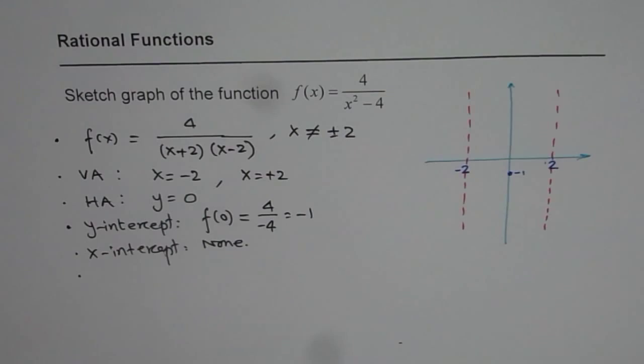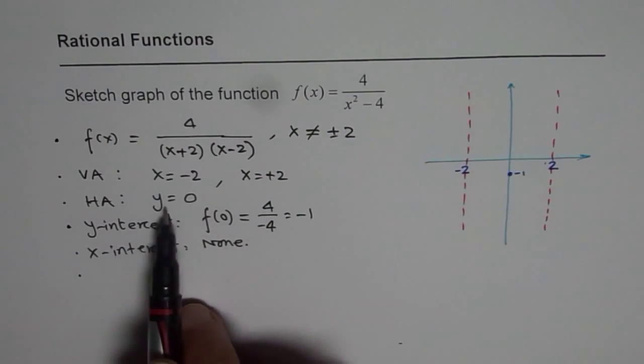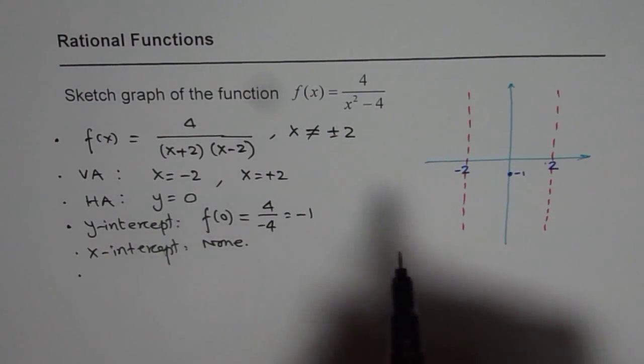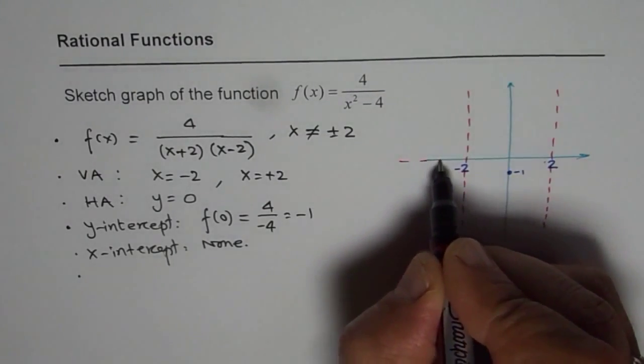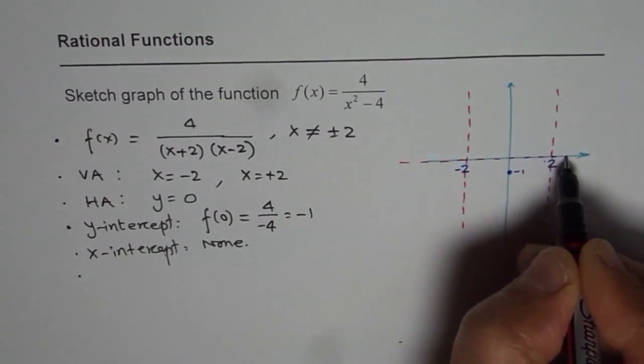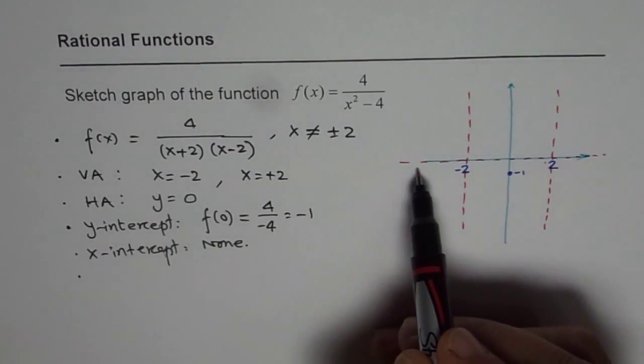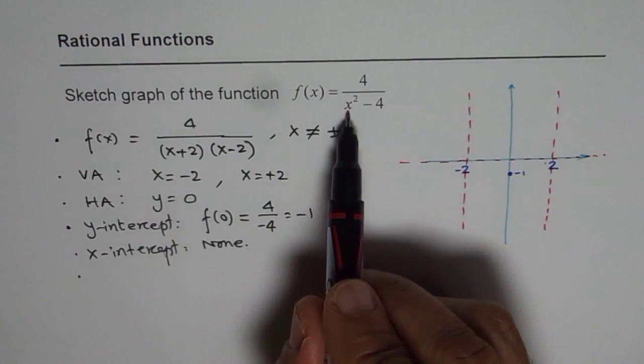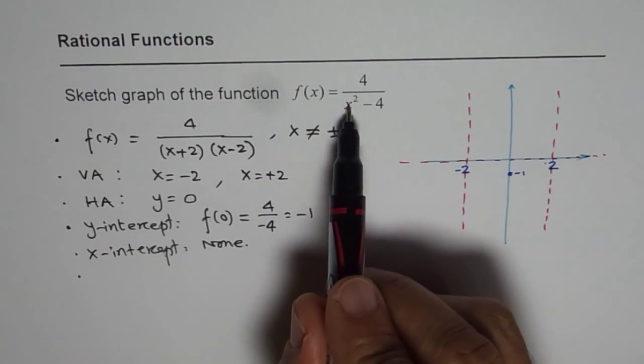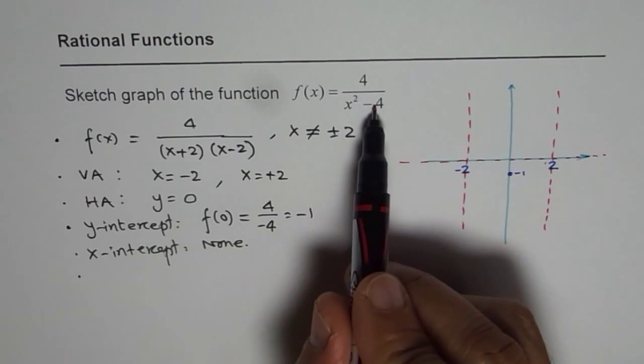Now we also understand that the horizontal asymptote is y equals 0. So this is our horizontal asymptote. Now we should see how the function approaches the horizontal asymptote. If I write a positive large value for x, let us say 1000, what will be the value of this function?